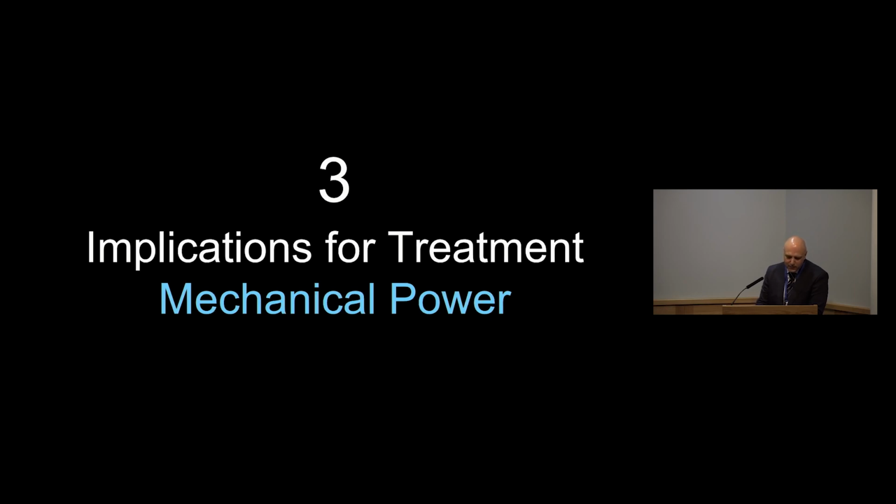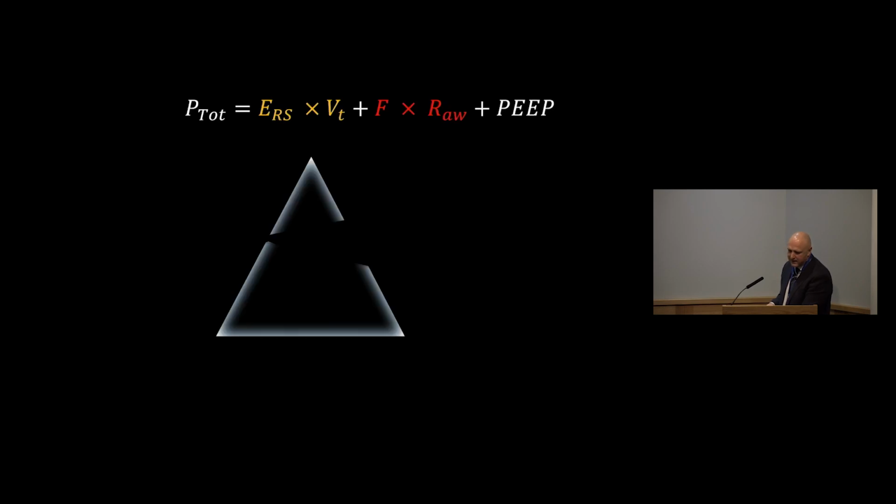So moving to mechanical power, I like this idea that you start with this horrible equation. So look away, look away. But essentially, this equation tells you that the pressure in the respiratory system depends on the volume times the elastance, the flow and the resistance, plus the PEEP.